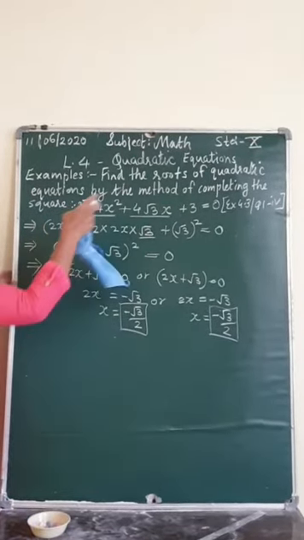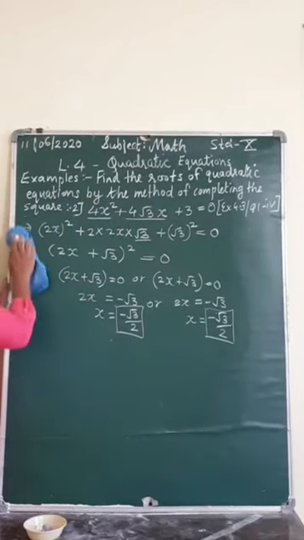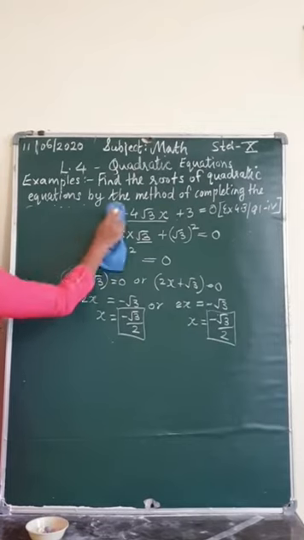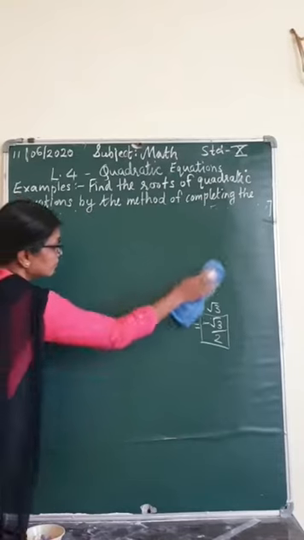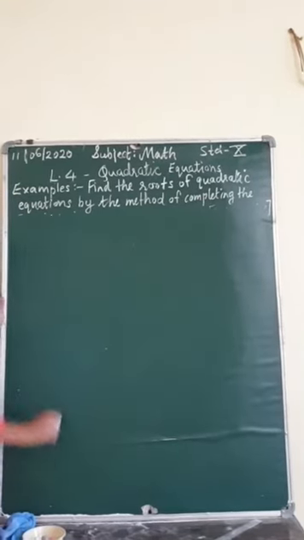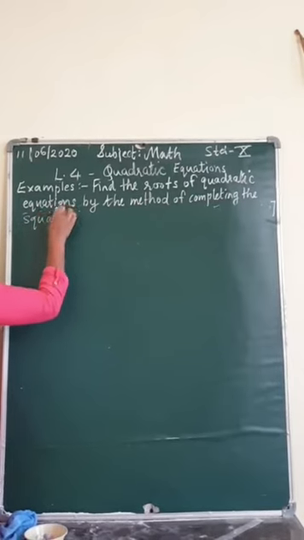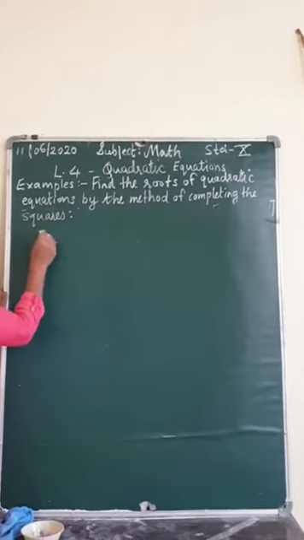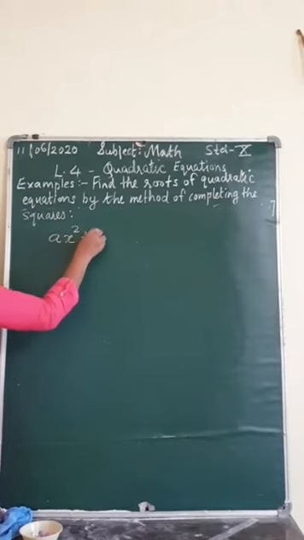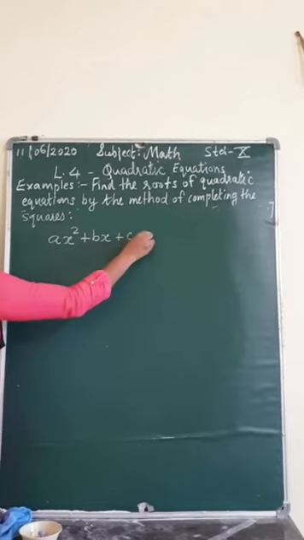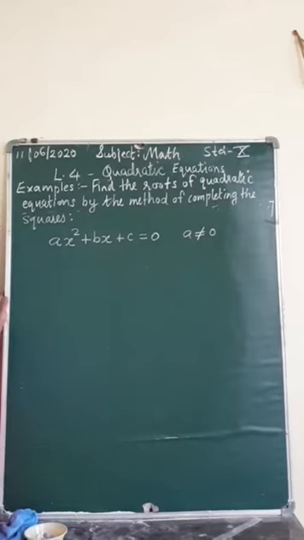So when we use the completing the square method in general form, we have the standard form of quadratic equation as ax square plus bx plus c is equal to 0, where a is not equal to 0.